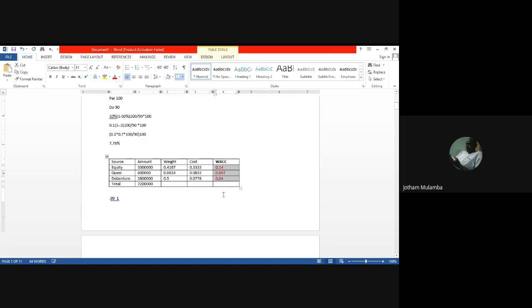Add those values under weights. That's 1. I've gotten the figure is 1.